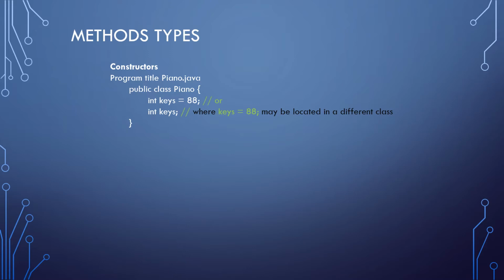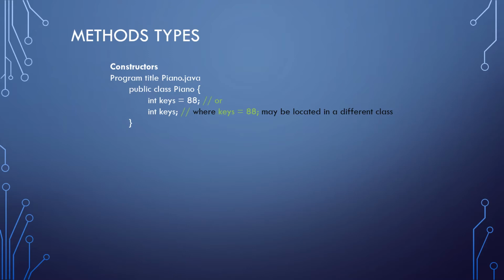It can be type, variable and value, such as integer keys equals 88, or type and variable, then the variable and value, which may be declared in another method, such as integer keys, where keys equals 88 might be in some other method.